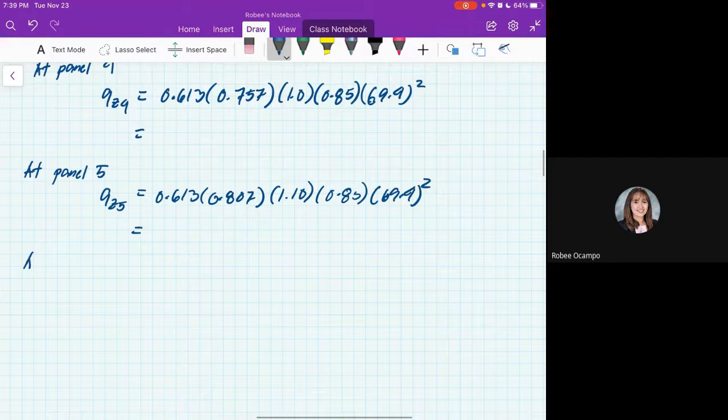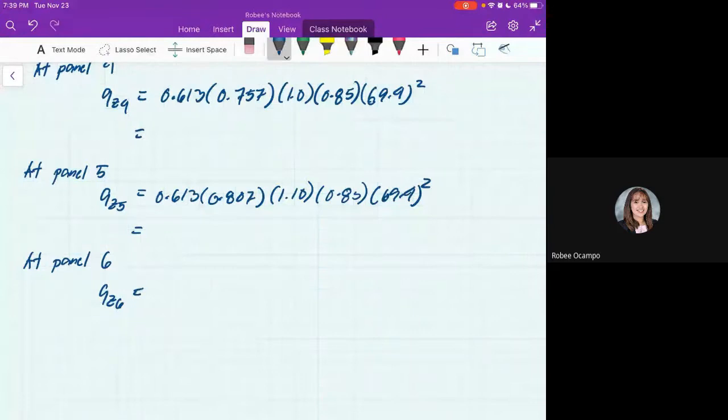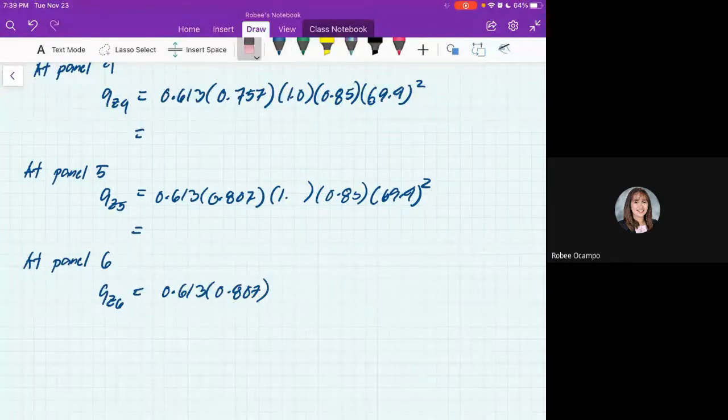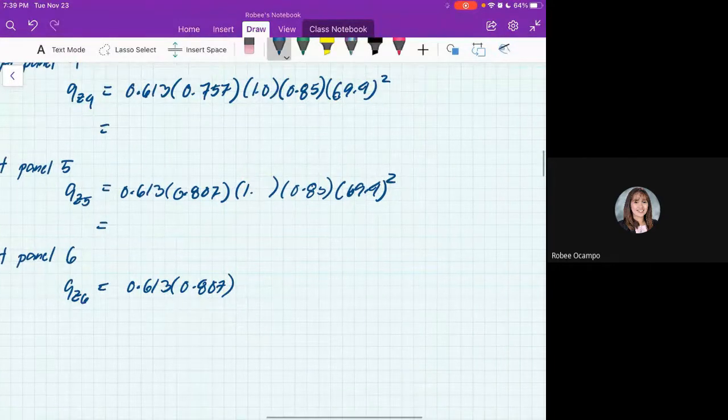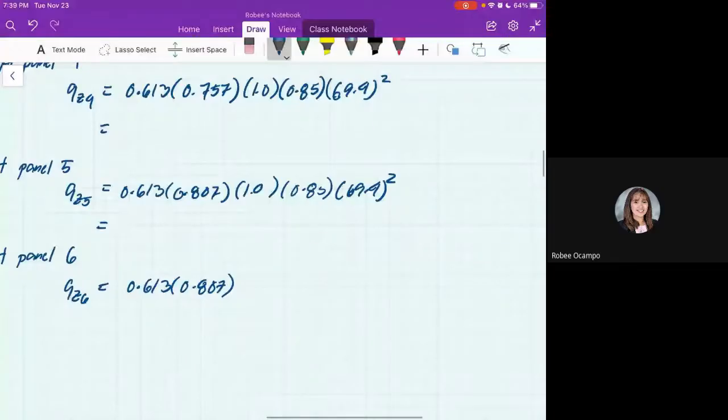At panel 6, we have QZ 6 equal to 0.613 times 0.807 times 1.0 times 0.85 times 69.4 squared. Okay?